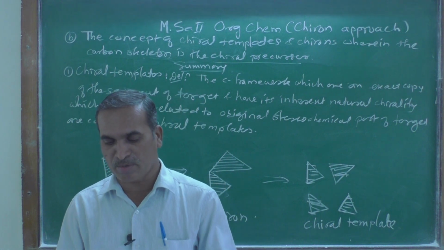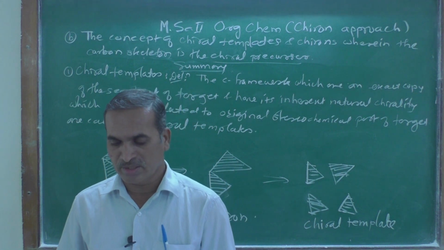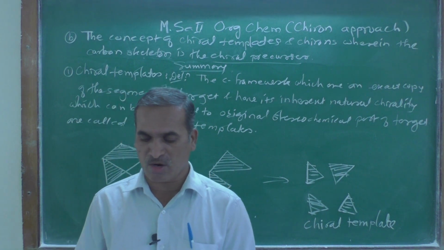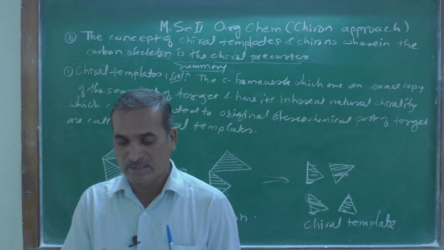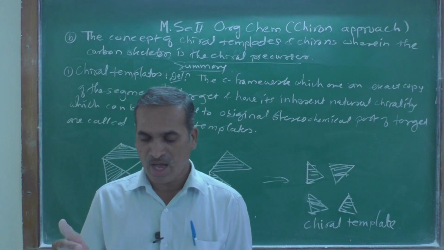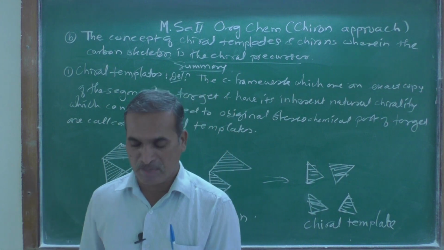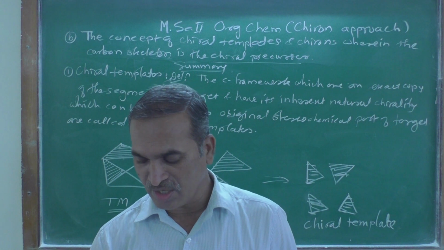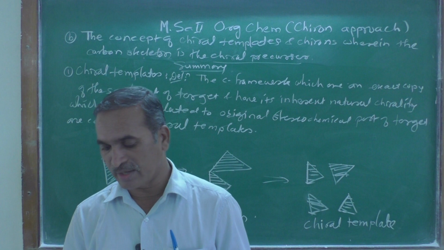Decoding of such information, that is, transposing it into the carbon framework of the suitable synthetic precursor chiron, which in turn is obtained from the chiral starting material, that is the chiral template, by synthetic functionalization. So that is all about that.